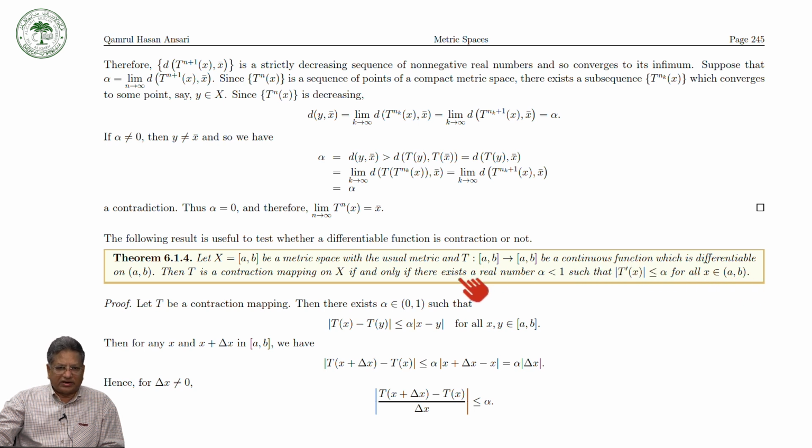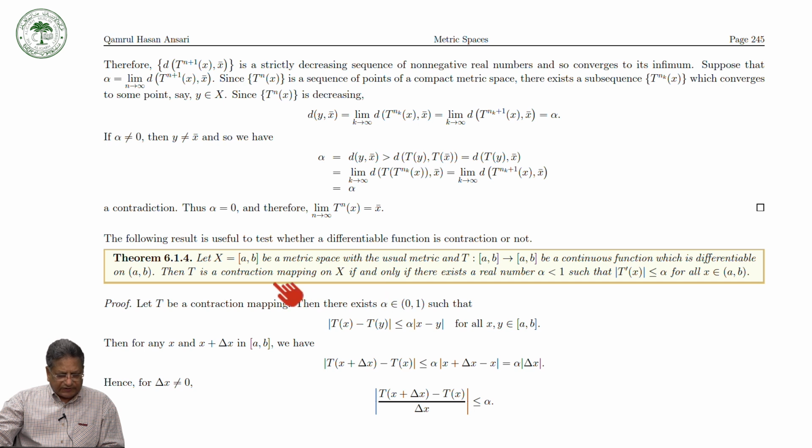So this is the criteria by which we can see whether a differentiable continuous function defined on a closed interval to itself is a contraction or not. So let us first prove this theorem.